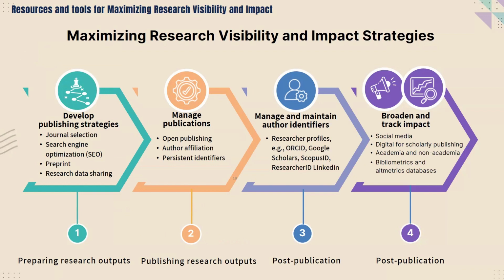This involves carefully selecting the appropriate journal for your work or utilizing search engine optimization techniques to increase discoverability. And then moving on to the publication stage, it is important to manage your publication wisely. Consider open publishing options to ensure wider accessibility and reach for your research.